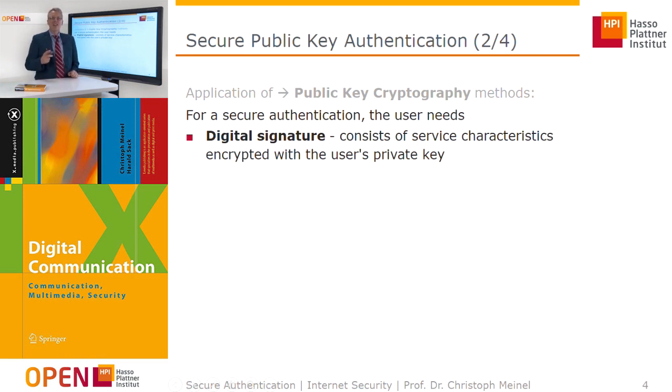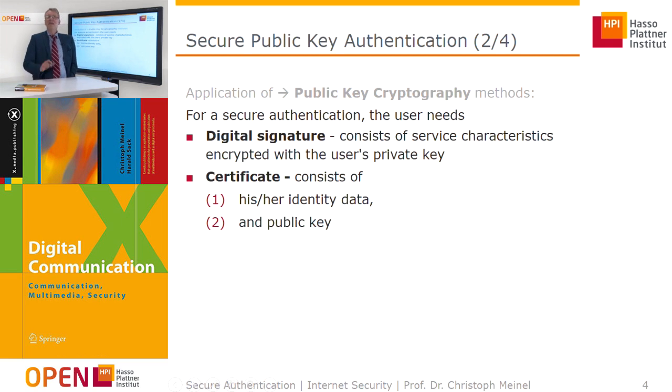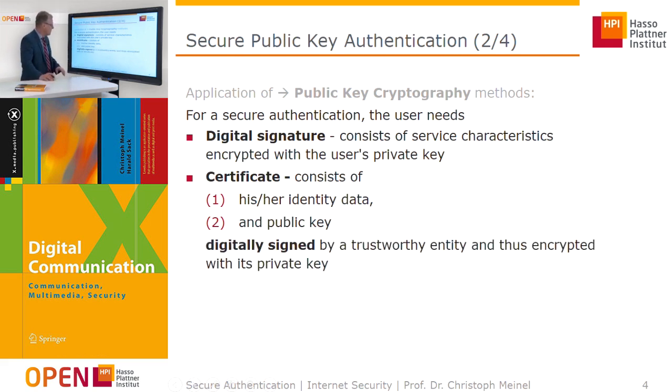So the digital signature is a special encryption scheme that is performed by means of the private key of the user. The certificate, which is also needed for a secure authentication, consists of identity data and the public key of the user. And these two things provide a possibility for a secure authentication.